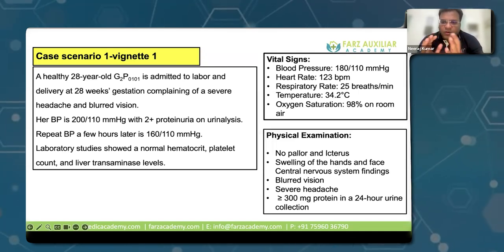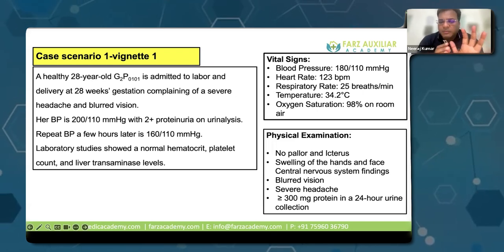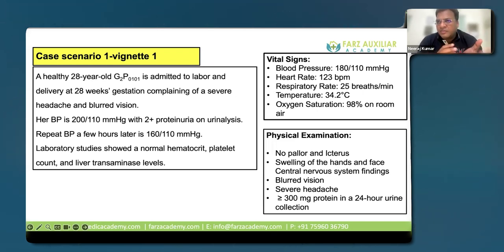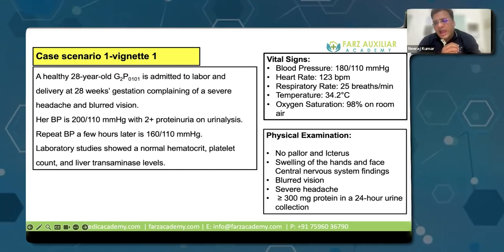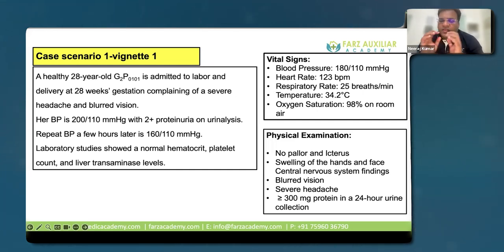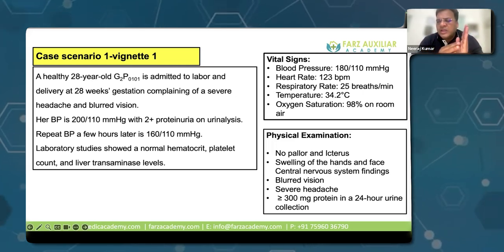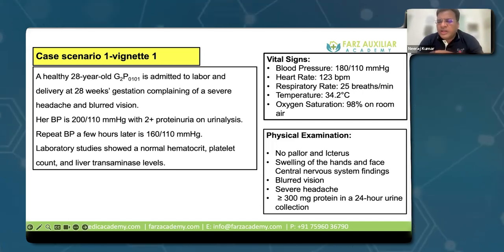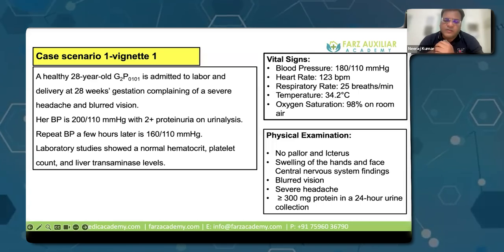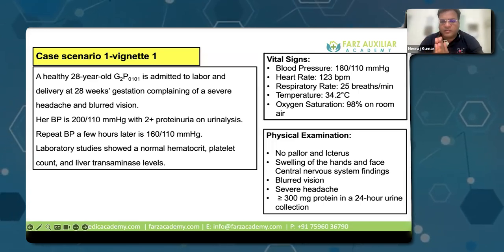On quick physical examination, no pallor or icterus was noticed, although swelling of the head, hands as well as face was there. In the CNS, the typical findings like blurred vision and severe headache were there. Urine examination showed more than 300 milligrams of protein in the 24 hour collection.